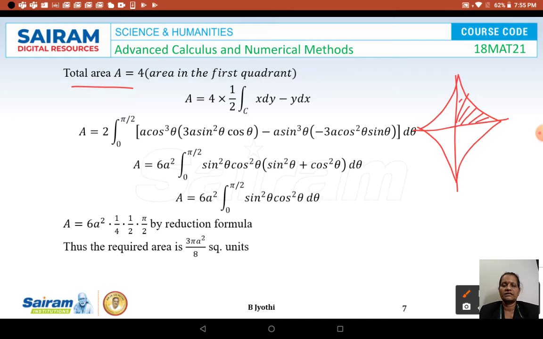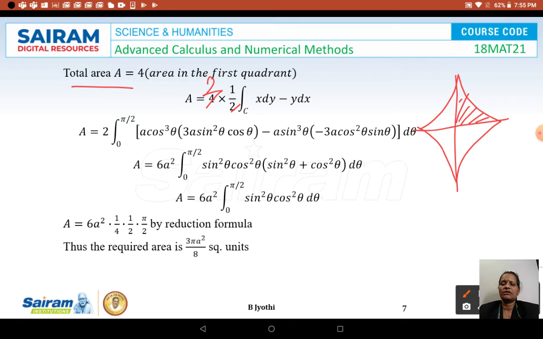Therefore, you can just find the first quadrant area and then multiply that by 4. So the area is 4 times half of the integral along C of x dy minus y dx. So 4 and 2 get cancelled. We will get 2 times the integral from 0 to pi by 2.